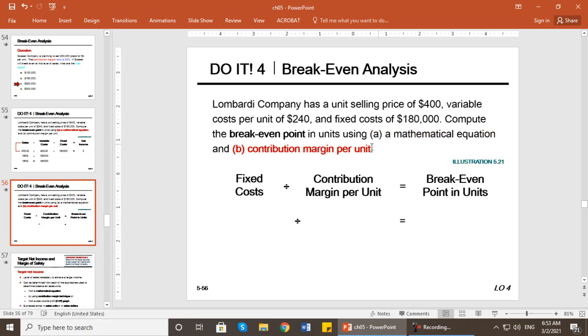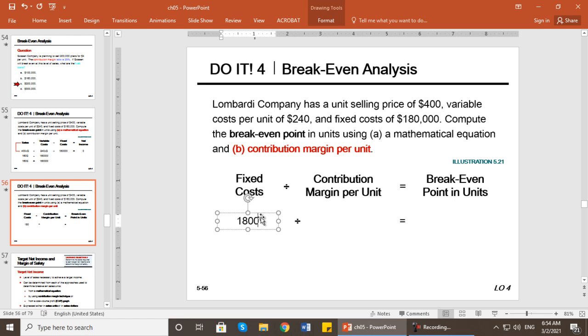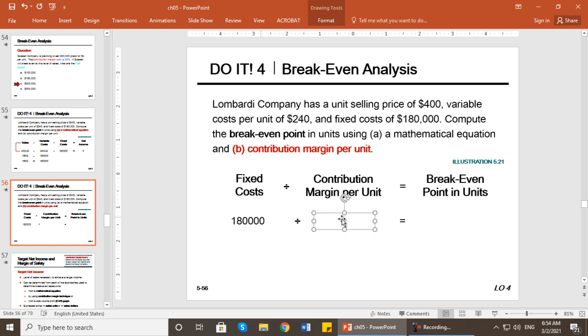Also here we can compute break-even point in units using contribution margin per unit. Break-even point in units equals fixed cost 180,000 divided by contribution margin per unit.